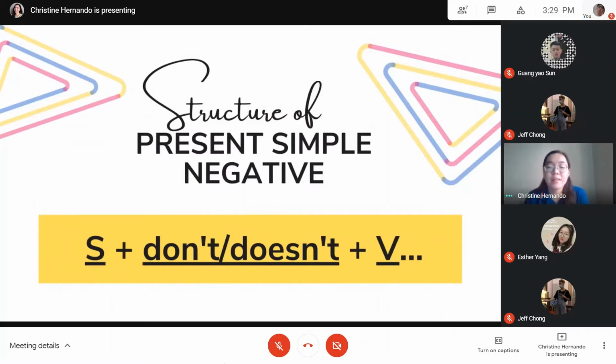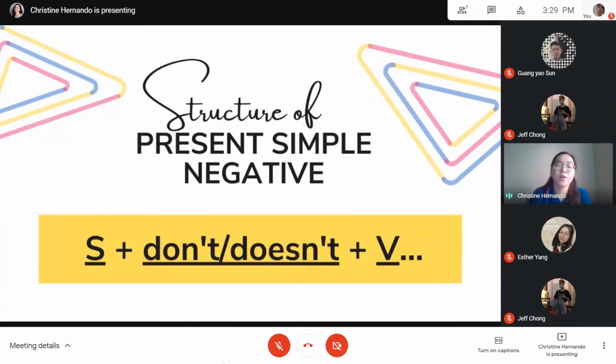In the beginning of the sentence, we usually find the subject, represented by the letter S. The subject is followed by the auxiliary verbs don't or doesn't. The auxiliary verb is then followed by the main verb. The ellipsis here indicates that there could be more grammatical items in the sentence.